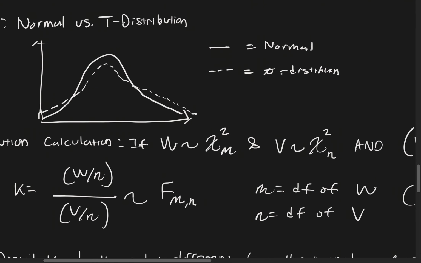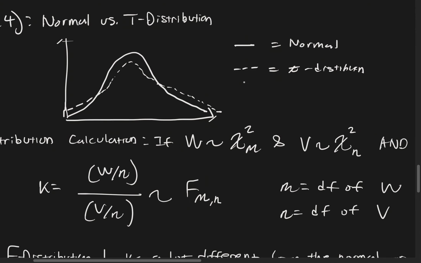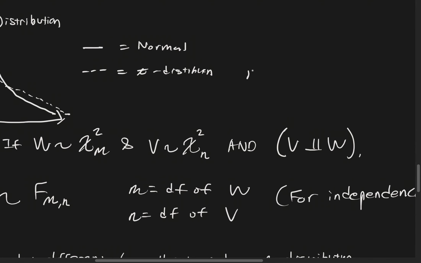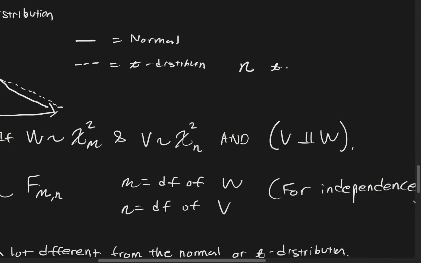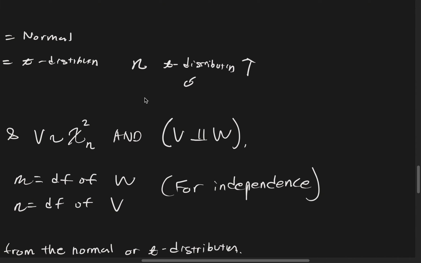The reason they're slightly different is mostly caused by the assumption of the small sample size of the t-distribution. So if the sample size of the t-distribution increases, it will go closer to a normal distribution.